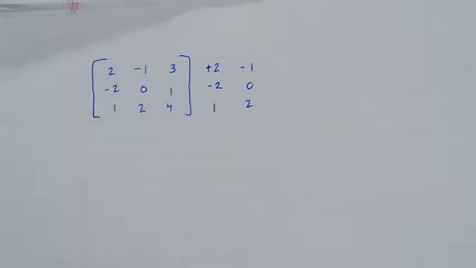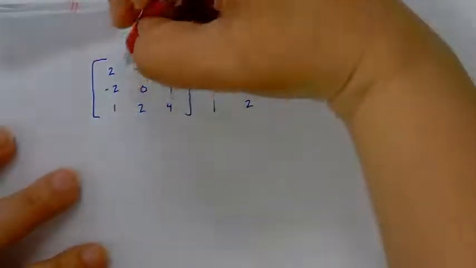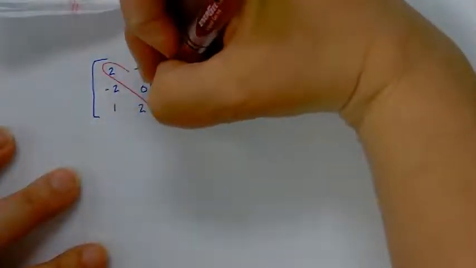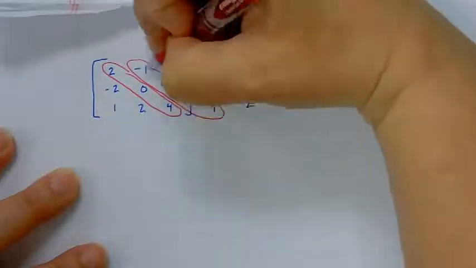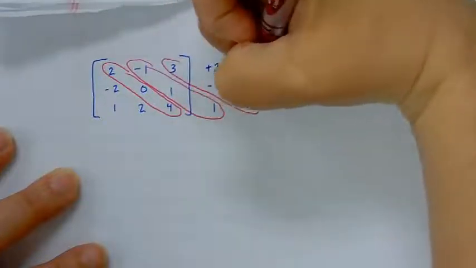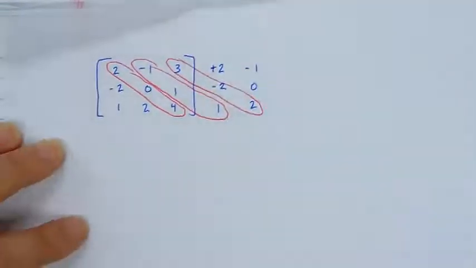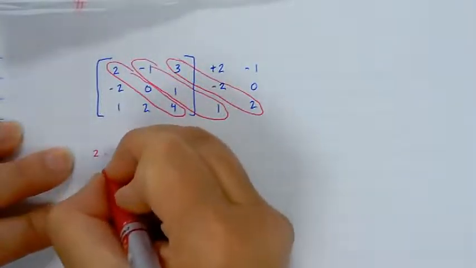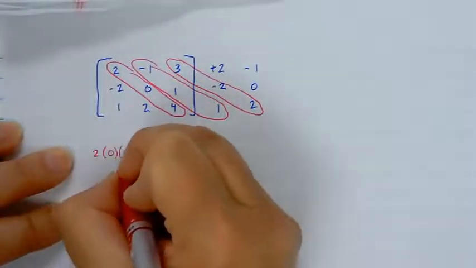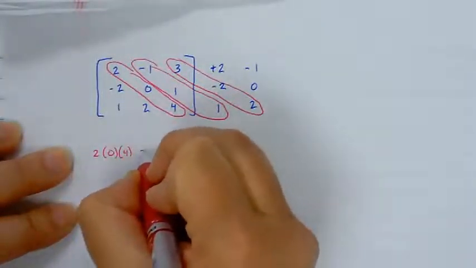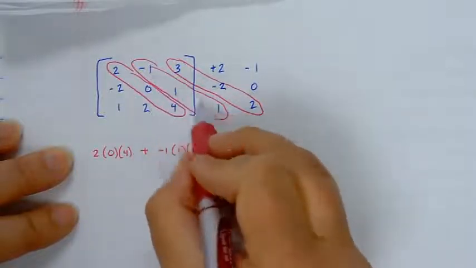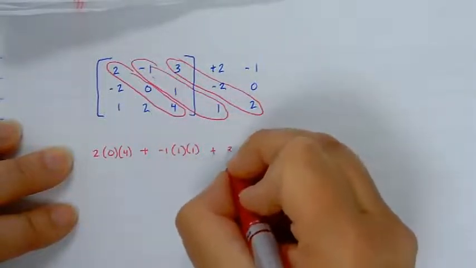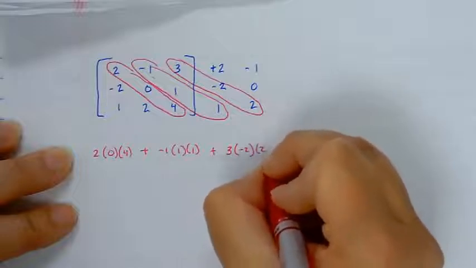And then I'm going to multiply the diagonals. I know I'm going to multiply these, and these. So 2 times 0 times 4 plus -1 times 1 times 1 plus 3 times -2 times 2.